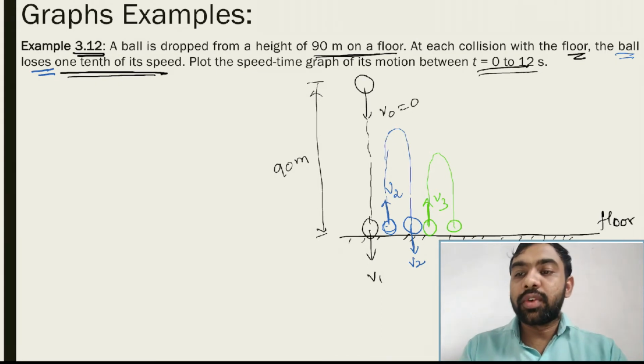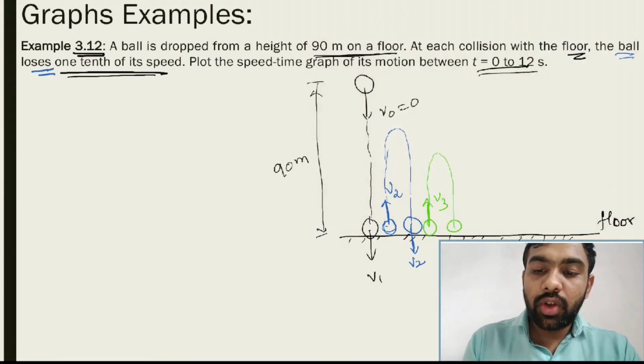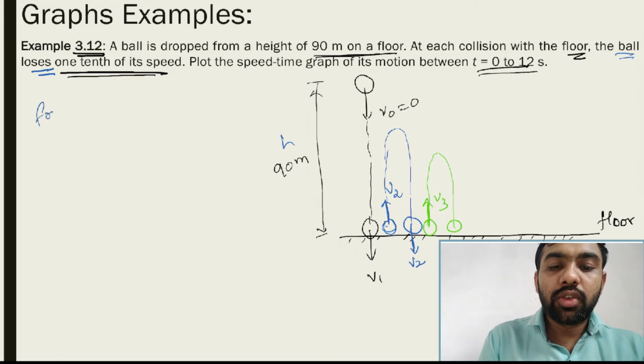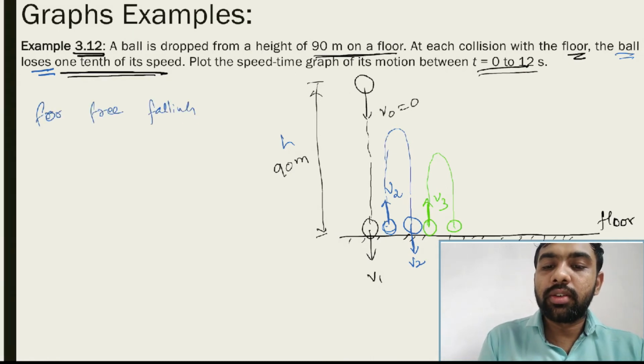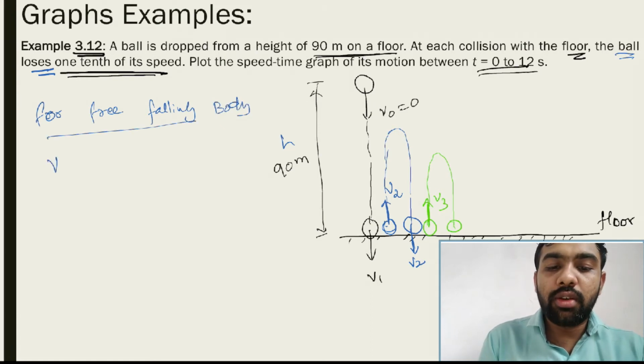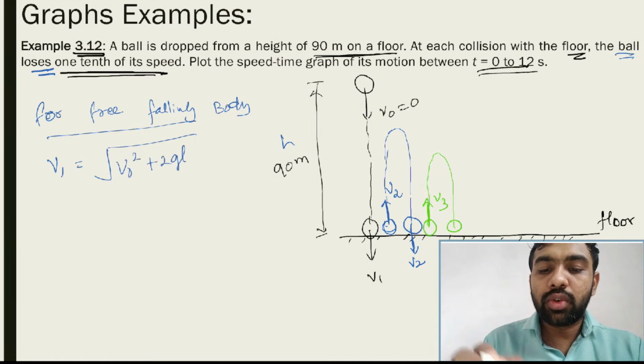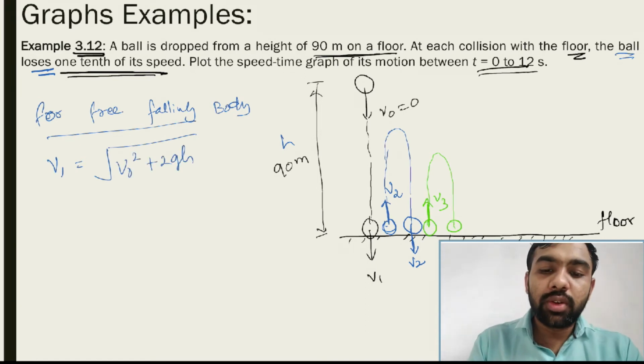So let's first find v1. The height is h. That is a free fall condition. For a free falling body, v1 is equal to under root v0 square plus 2gh, but v0 is equal to 0.